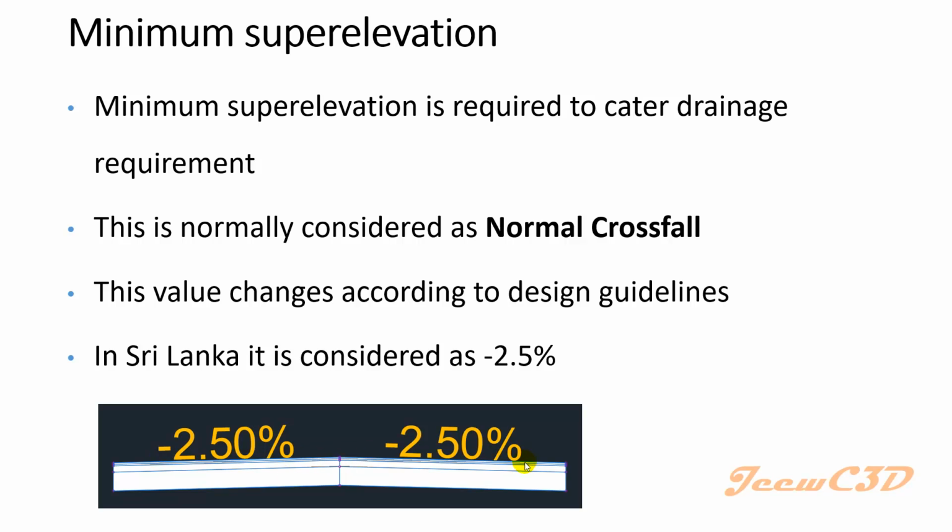That is the general practice in Sri Lanka. But this minus 2.5 value, or normal crossfall, changes from country to country depending on their design guidelines. In the USA they usually use minus 2. In Australia they use minus 3. In Sri Lanka we use minus 2.5.